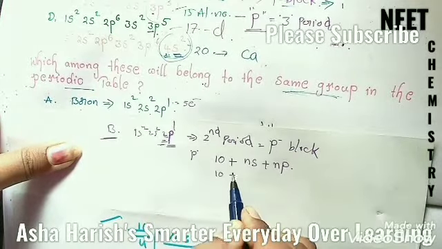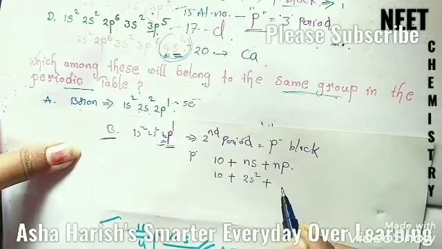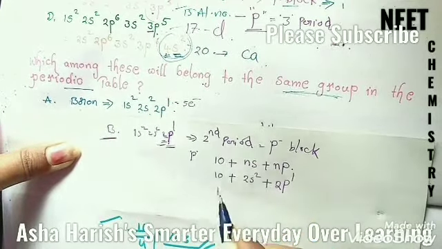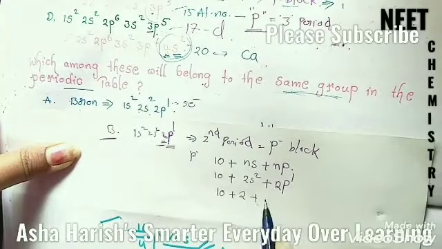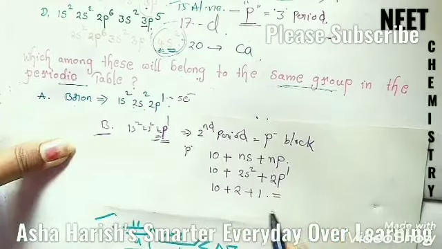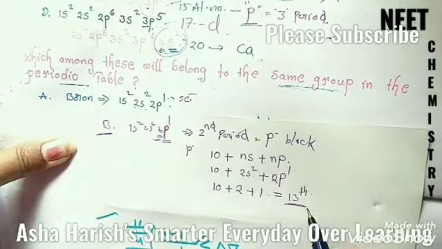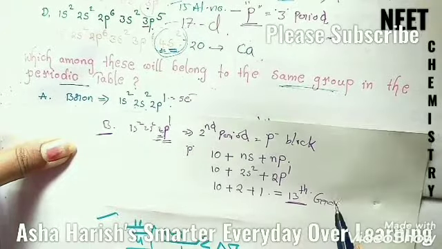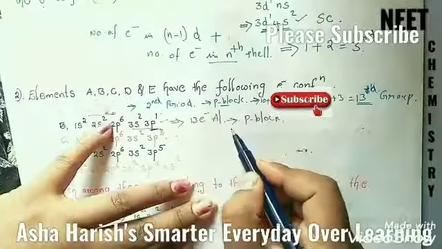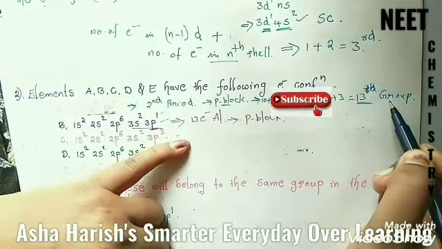So 10 plus 2 electrons plus 1 electron, that is 10 plus 3, which is 13. So boron belongs to the 13th group. Okay students, A, that is boron, belongs to the 13th group.